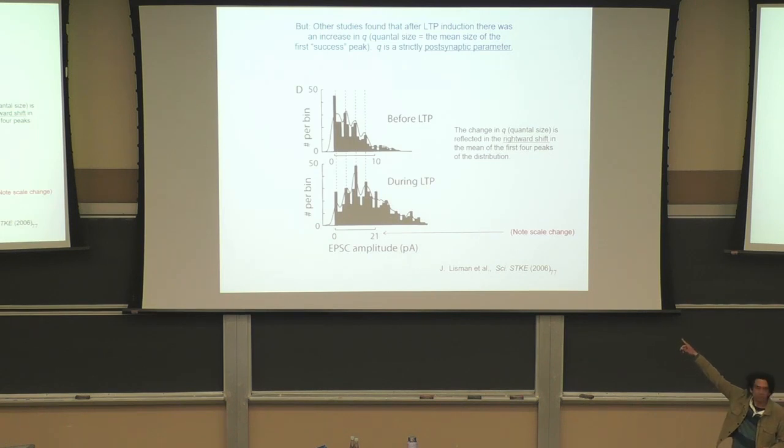Yeah, it's the same amount of stimulation before and after the LTP in both cases. Okay. But that's true also in the other experiment. But here we know it is postsynaptic because the size of the response becomes bigger.